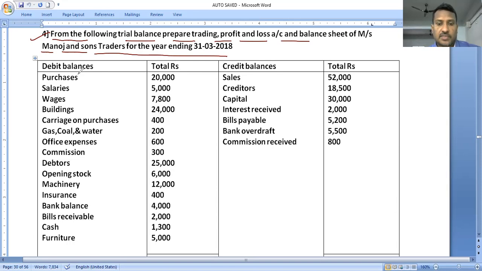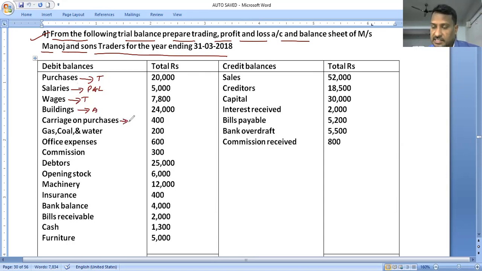From the debit side, let's see purchases. Purchases is a direct expense, part of the trading account. Salaries is an indirect expense, part of the profit and loss account. Wages, trading account. Buildings is an asset, part of the balance sheet.